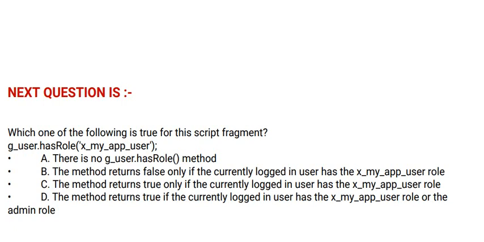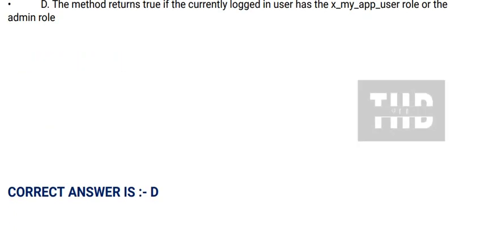Option C: the method returns true only if the currently logged in user has the xMyAppUser role. And option D: the method returns true if the currently logged in user has the xMyAppUser role or the admin role. And the correct answer is option D.